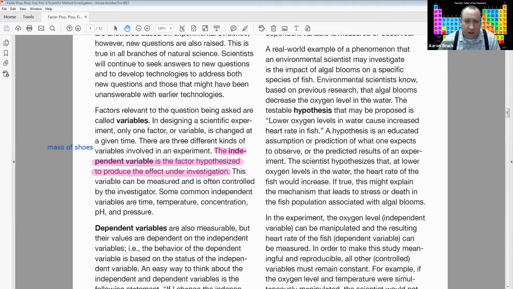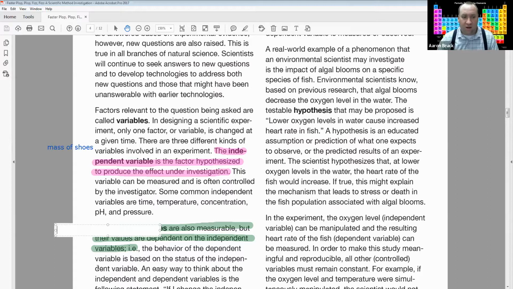The dependent variable is a variable that also is measurable. So we can measure the mass of the shoes by putting them on a balance, but the value of the dependent variable depends upon the independent variable. That is, the independent variable influences the measurement of the dependent variable.